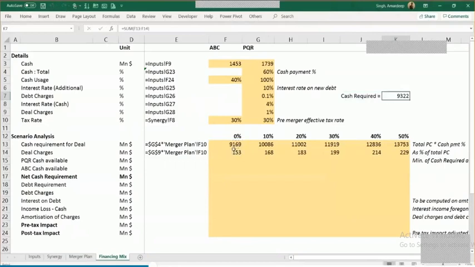If I take the summation of these two, this is the amount of cash that I require. But what is the cash available? Cash available is basically 1453 into 40%. It's only 581. So what amount of cash can I use? I can use 581.